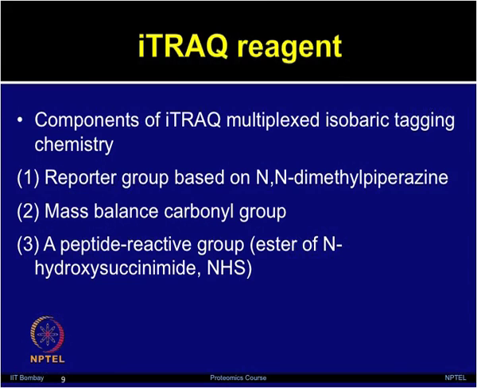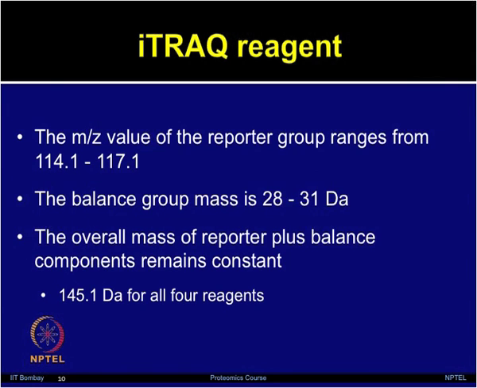So, as I briefly talked, there are three major components of the iTRAQ reagent. One is the reporter group, which is based on the N,N-dimethylpiperazine or DMP. Second is a mass balanced carbonyl group, and third a peptide reactive group, which is an ester of N-hydroxysuccinimide, NHS.